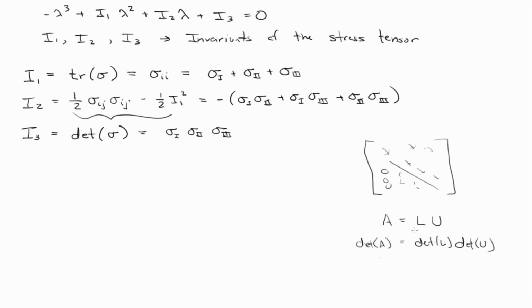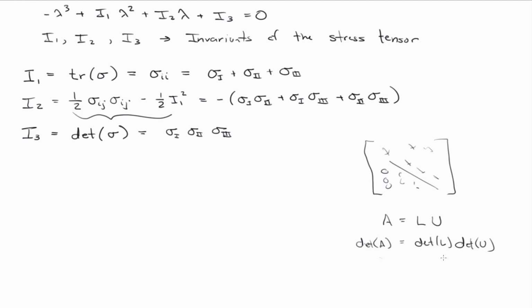If you know any multiplication of matrices, the determinant is the product of the determinants of each of the individual components, right? So anyway, this is an aside, but I'm just saying to get to this point.